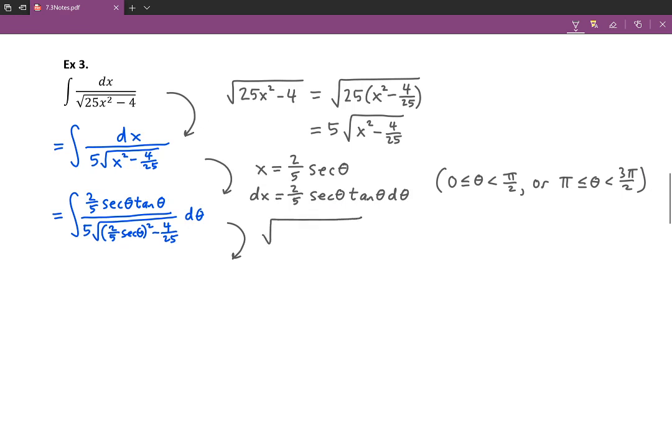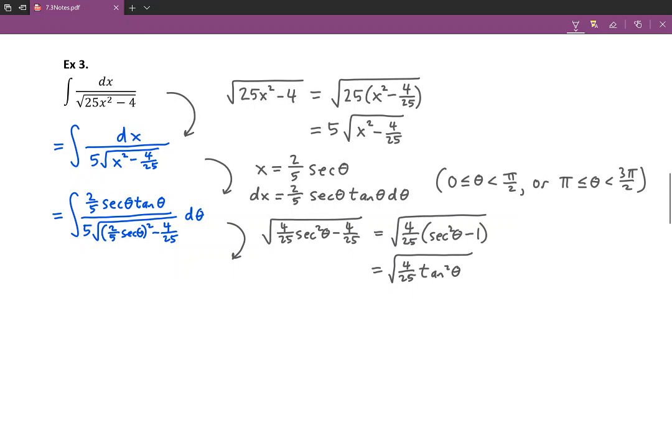The radical 2/5 squared is 4 over 25, and then we have secant squared theta minus 4 over 25. So factoring out the 4 over 25, we'll have the square root of 4 over 25 times open paren secant squared theta minus 1. And secant squared theta minus 1, using the Pythagorean identity, becomes tangent squared theta.